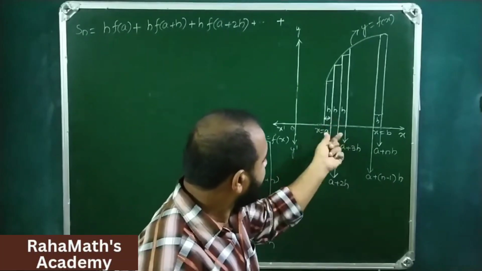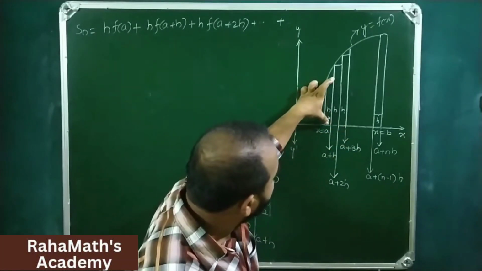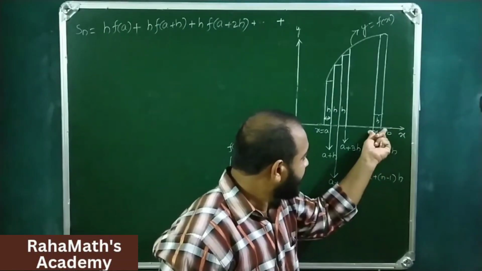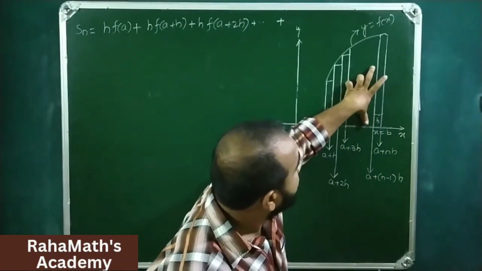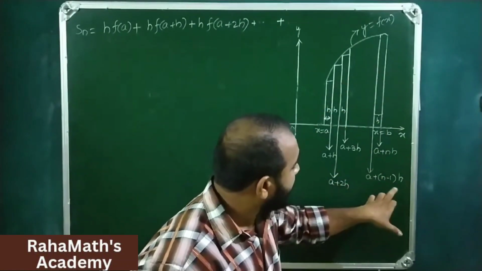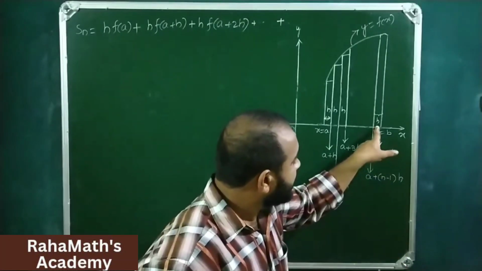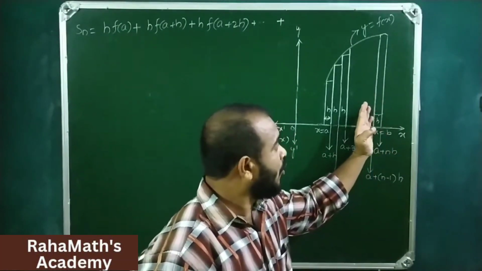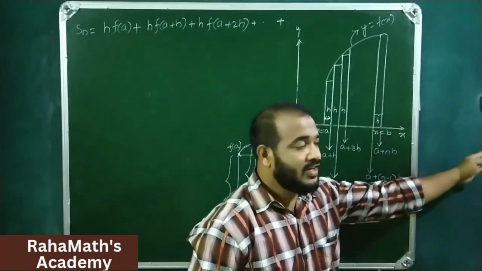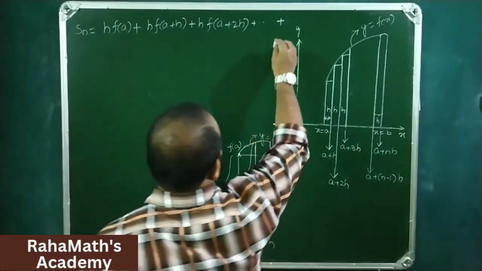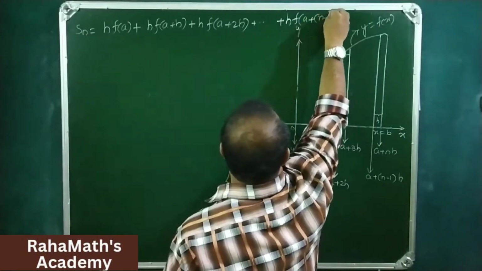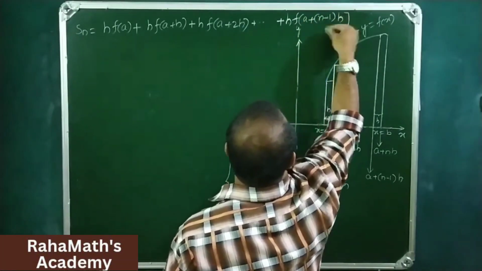If I take this rectangle, this is h into f of a plus h. So the last rectangle is h into f of a plus n minus 1 h. If I take h into f of a plus nh, it will go beyond the interval. Therefore, the last would be h into f of a plus n minus 1 into h.